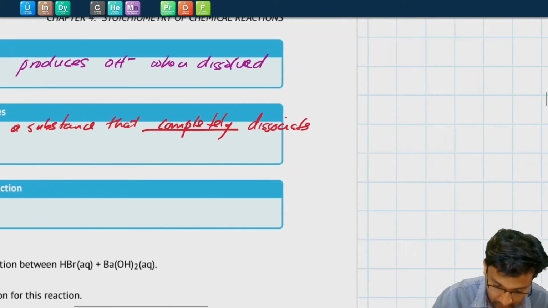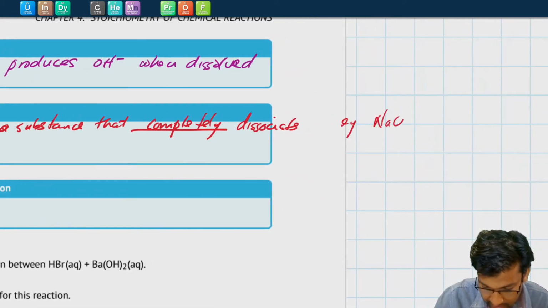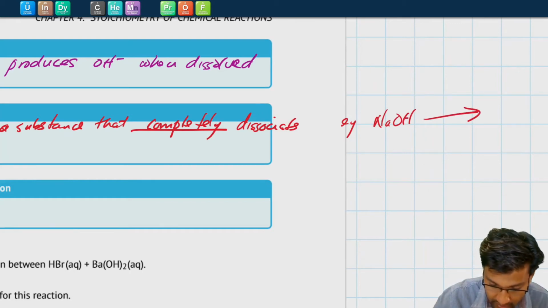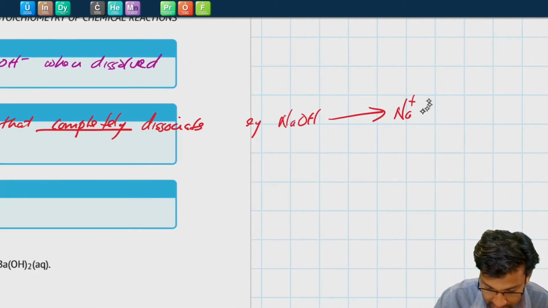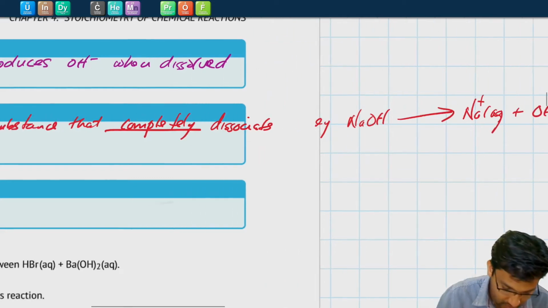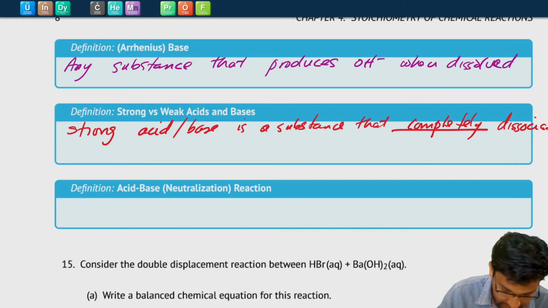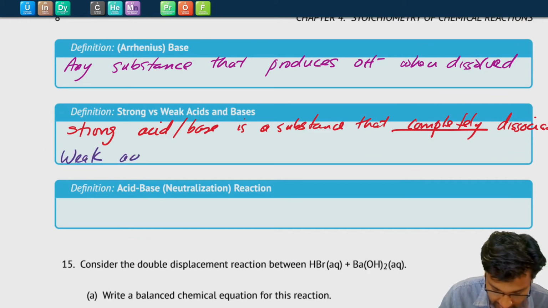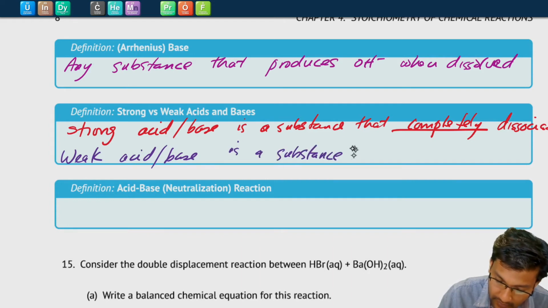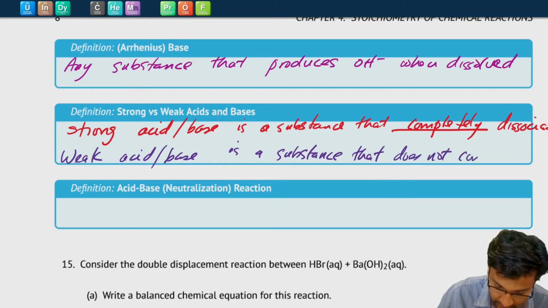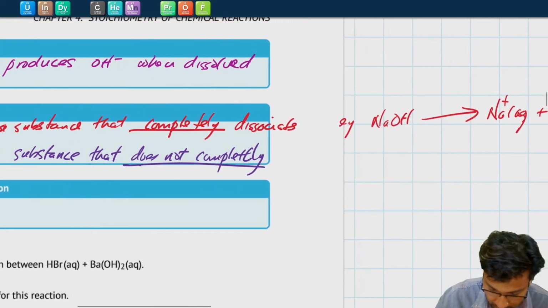For example, a strong base is NaOH because when you dissolve it in water, it completely separates into Na plus ions and OH minus ions. A weak acid or base, on the other hand, as you might expect, is a substance that does not completely dissociate.